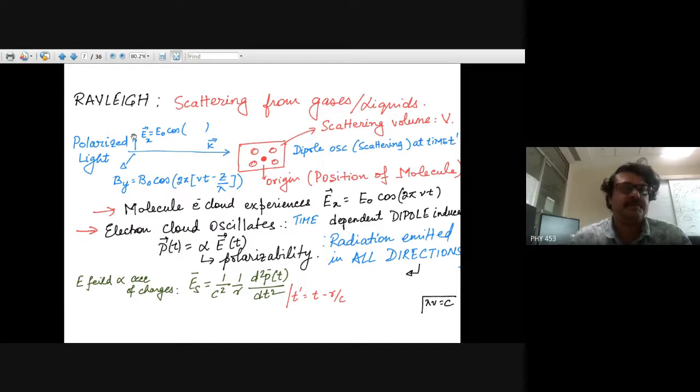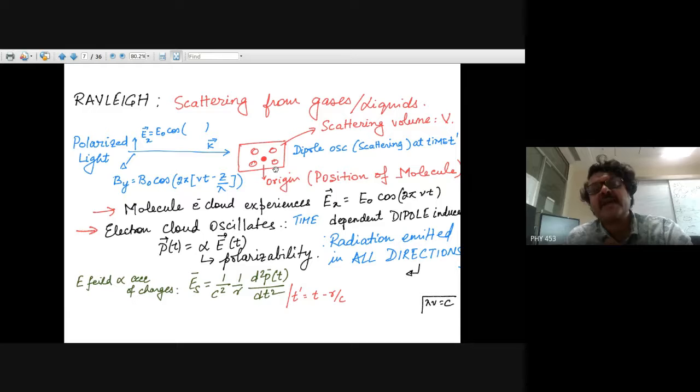So you have plane polarized light, where the electric field is increasing and decreasing in amplitude in the X direction, the magnetic field By is oscillating in the Y direction, and the wave is moving in the Z direction. Then Ex or By can be written as an amplitude times cos 2 pi (nu t minus z by lambda), the plane wave equation. You should at least know the plane wave if I have to proceed.